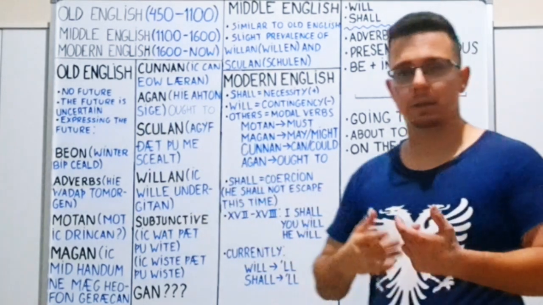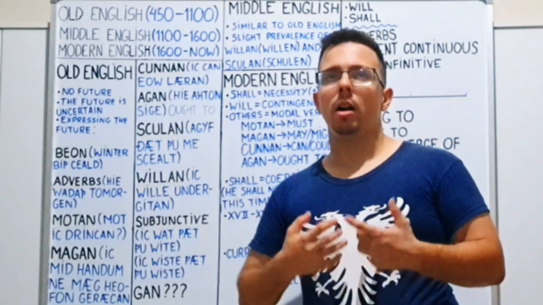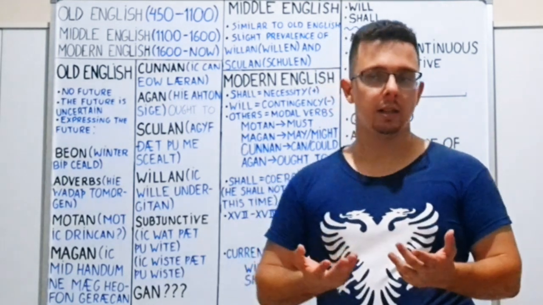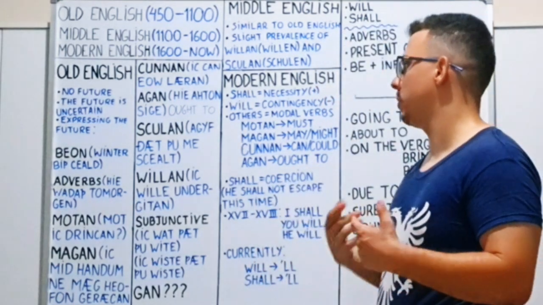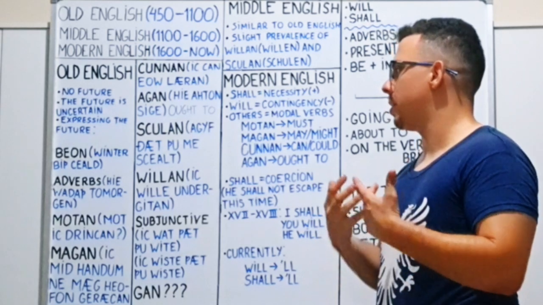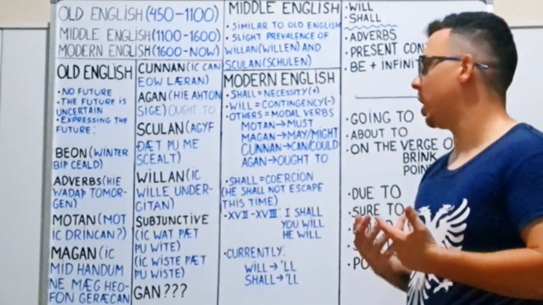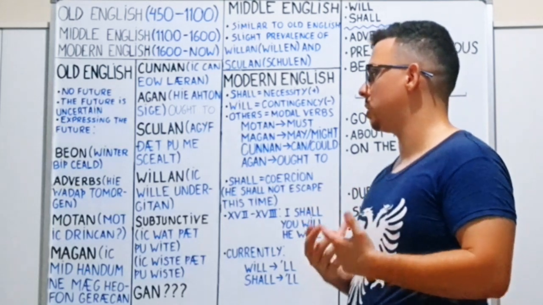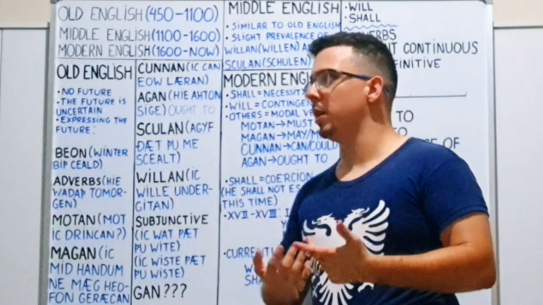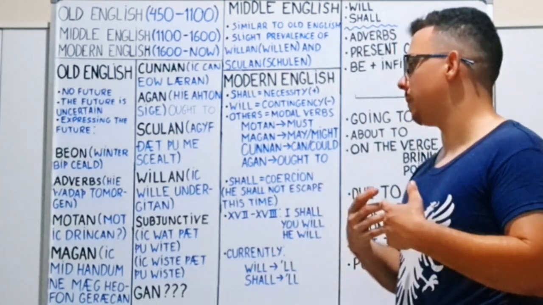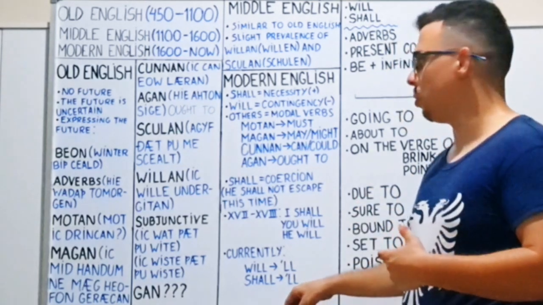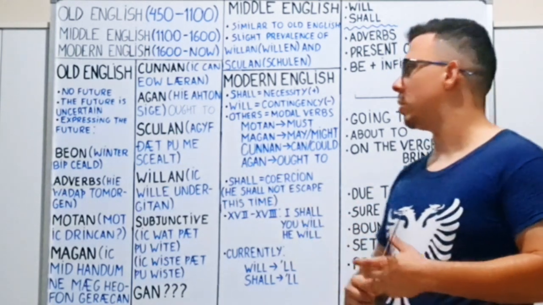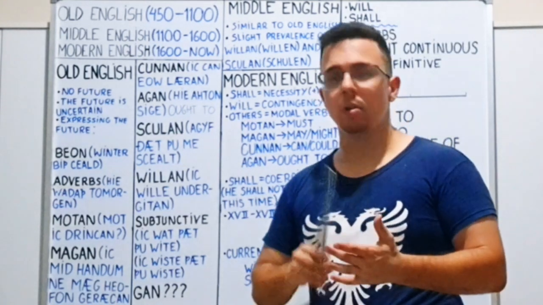So if they possess the victory, they are bound to win, right? So that's one of the ways of giving this idea of future. They possess the victory, so they are very likely to win the war, to win the battle, right?